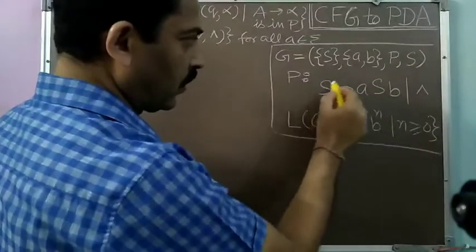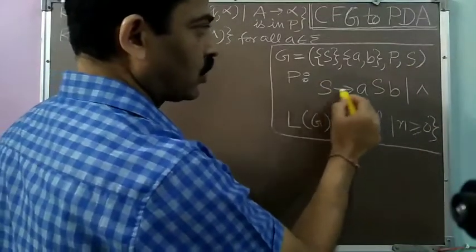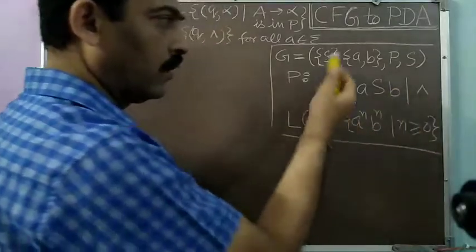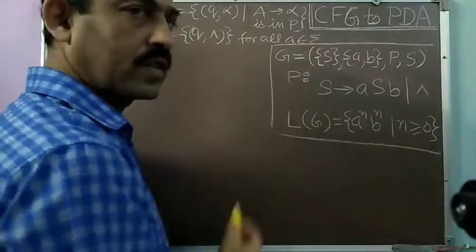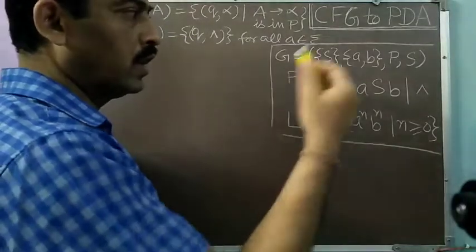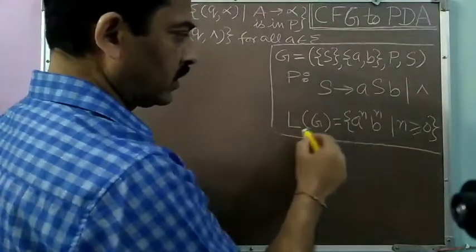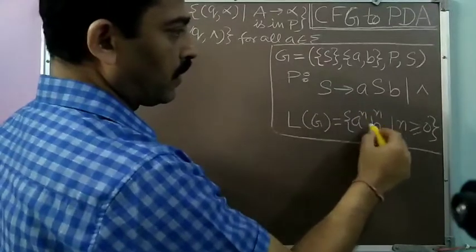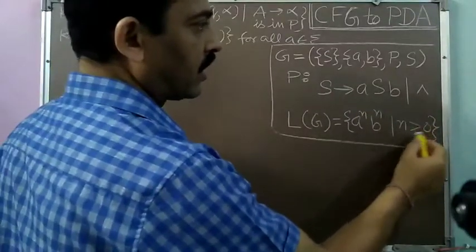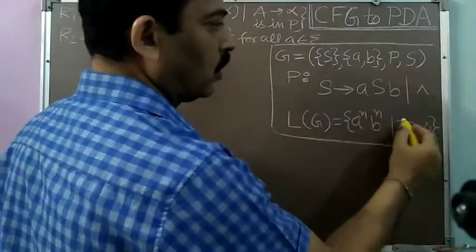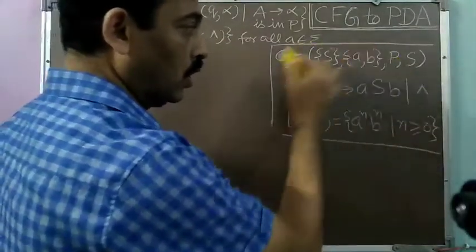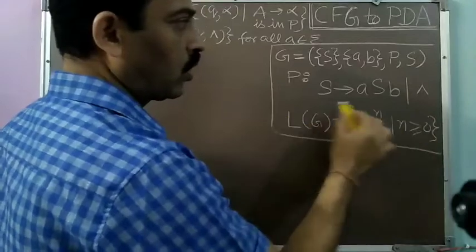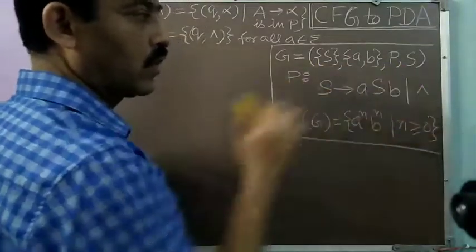If you look at this production set, S to aSb or null, we know that it is a very simple language, the very first language which we discussed during the discussion of context-free languages. It is L(G) = a to the power n, b to the power n, such that n is greater than or equal to 0, because S to null we can go. So this is a context-free language represented by a context-free grammar.